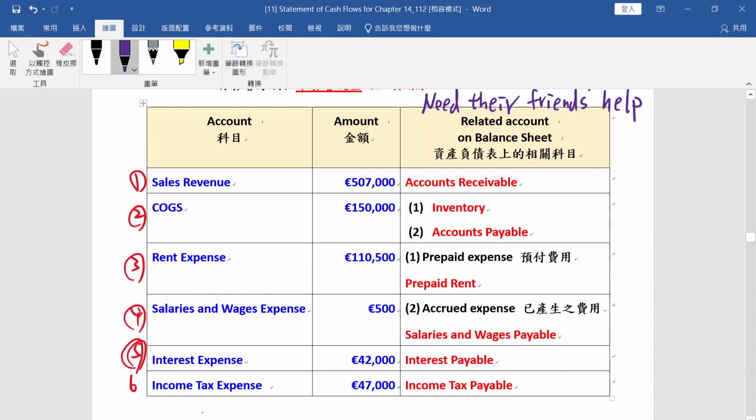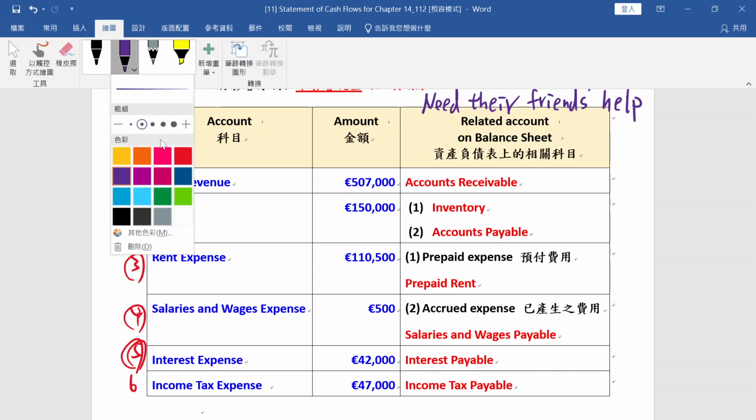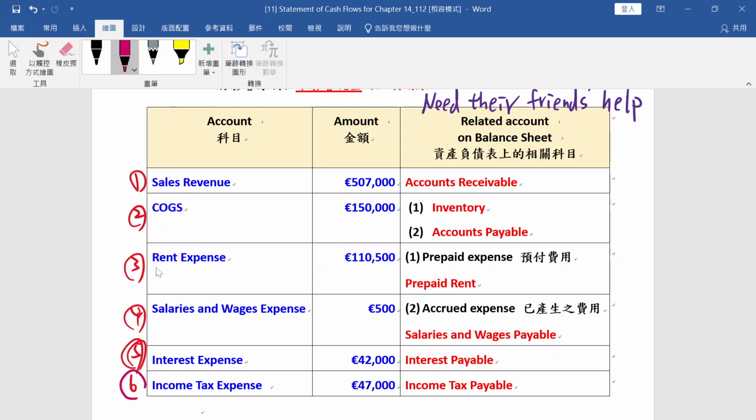Interest expense has a relationship with interest payable. Income tax expense has a relationship with income tax payable. Okay, so we find out their friends.